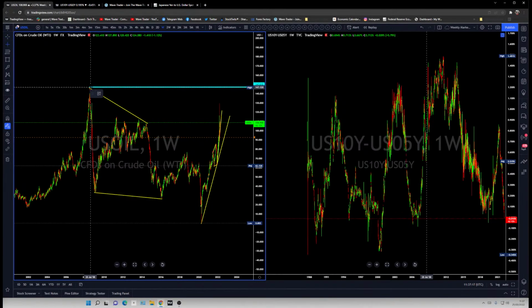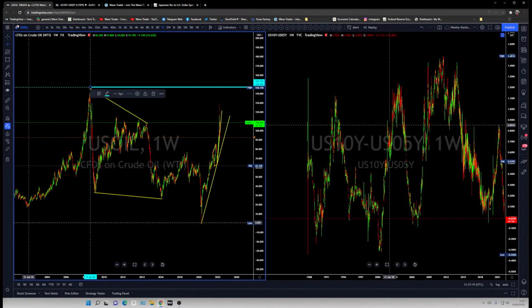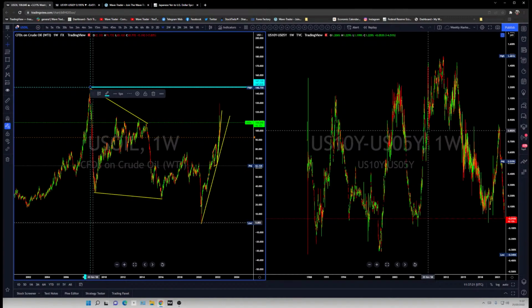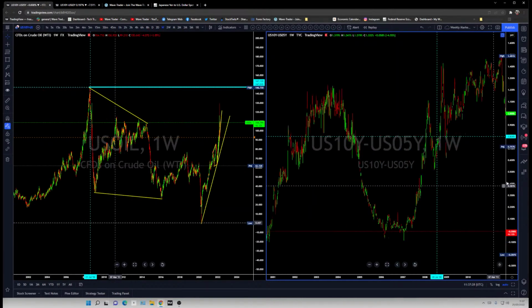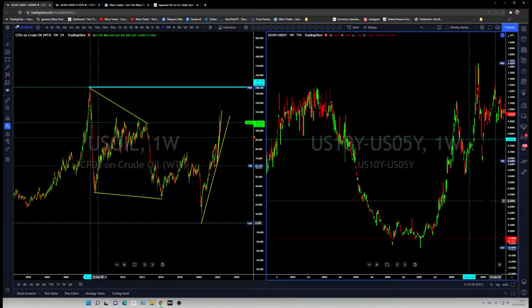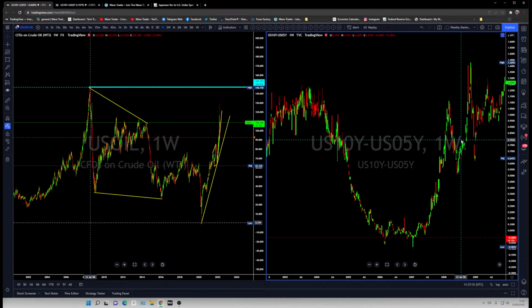Oil was at 147, and the yield curve was almost sitting there.